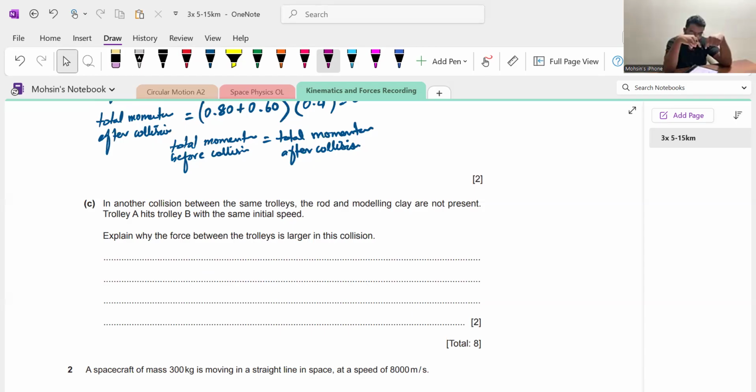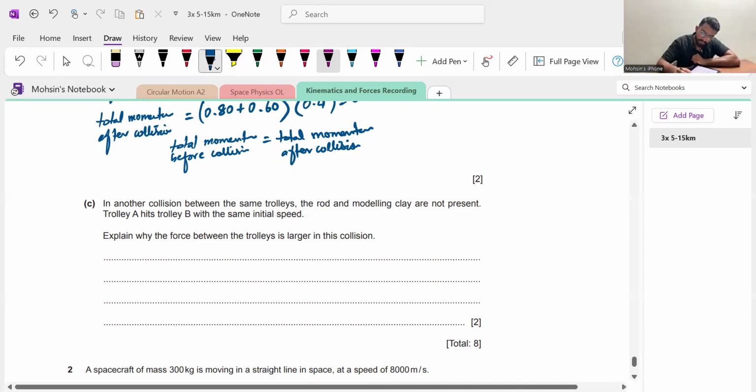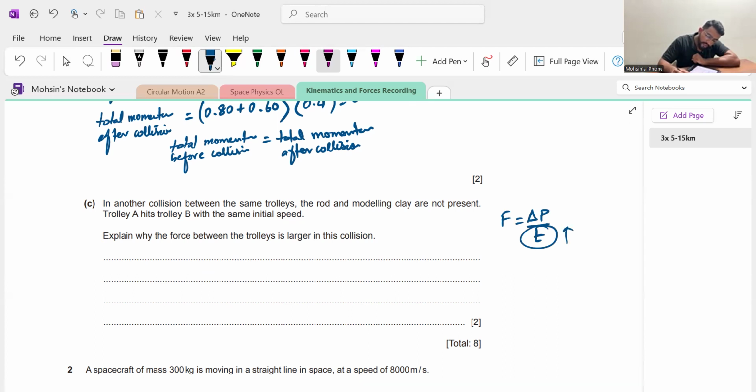Force depends upon change in momentum over time. If there is more time, the force will be less.